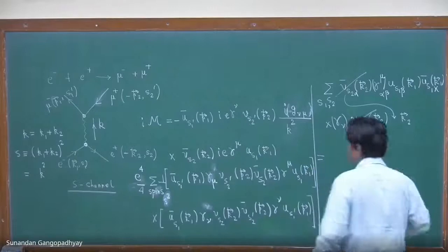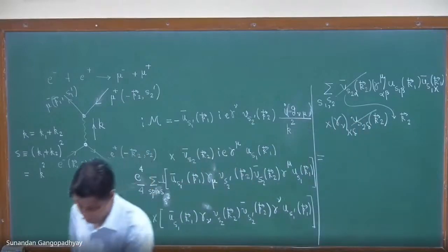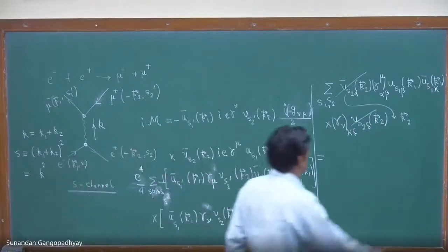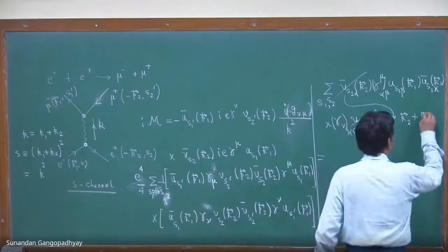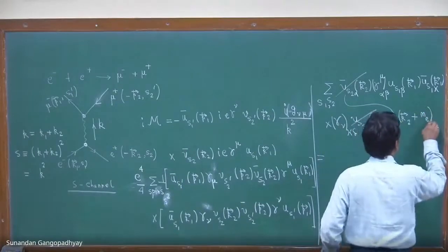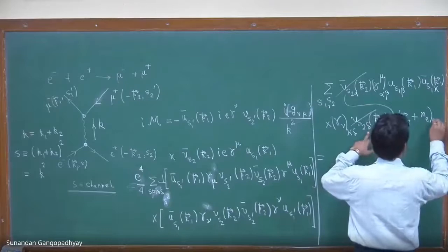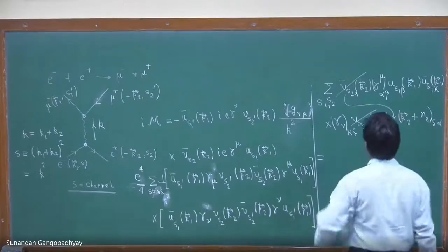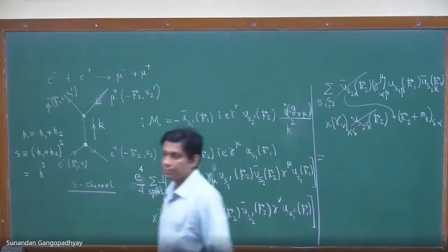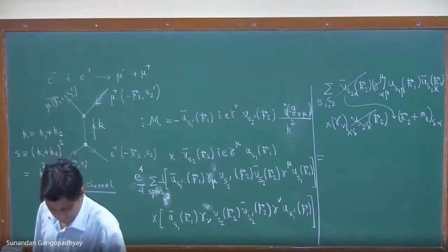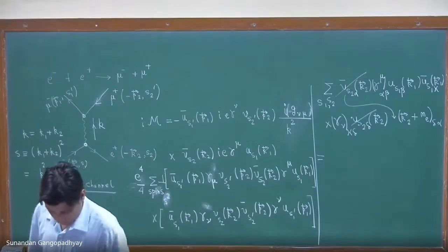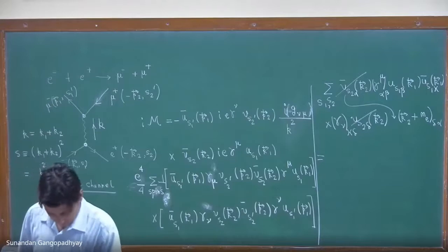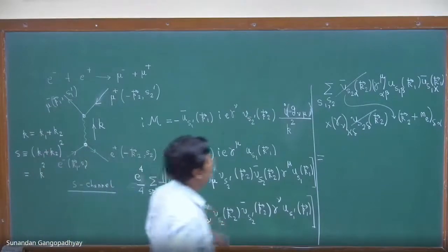So we shall get this to be K2 plus the rest mass of the positron, and this was delta. This is delta alpha. Okay, is it clear? Yes, sir. You get this.